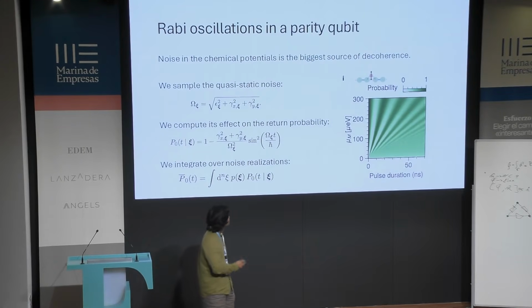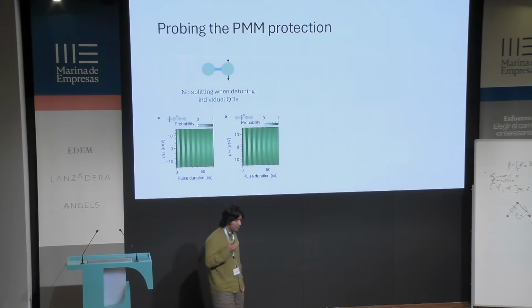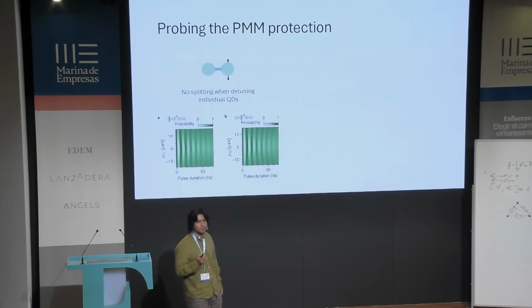So doing this type of Rabi experiment also allows us to explore in more detail what protection means. I mentioned that if you detune a single quantum dot, the qubit frequency, or the zero energy states, will not change. And if we do that, in this case by bringing the dot to some fixed coupling and detuning one of the chemical potentials, we see that the Rabi oscillations persist.